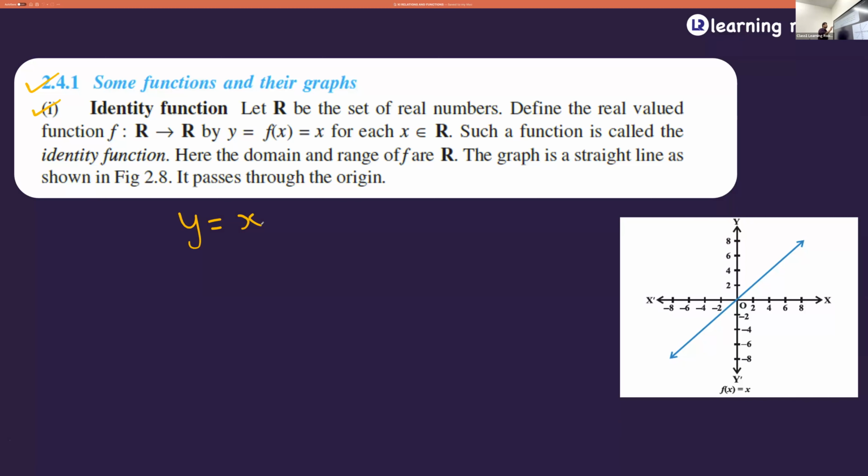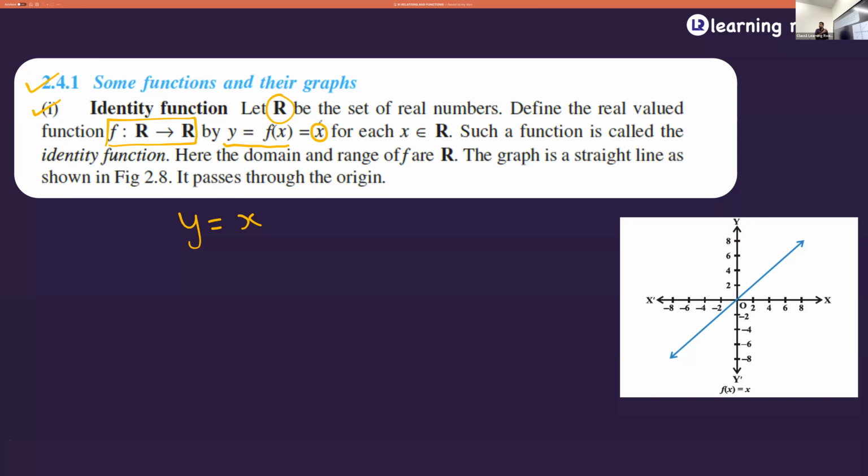Let R be the set of real numbers. Define the real valued function f mapping from R to R given by, you write y is equal to f of x, or simply f of x, or sometimes simply y. This is where the function gets defined.